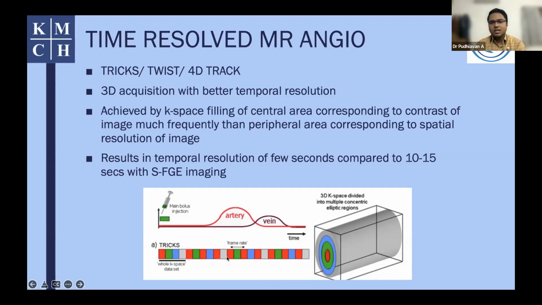Because of this, the temporal resolution of the image increases manyfold, and you can have a temporal resolution of a few seconds because you have contrast data at more frequent intervals compared to the spatial resolution data. So in a time resolved MR angiography, you are able to obtain a temporal resolution of a few seconds compared to around 10 to 15 seconds, which it takes for a routine spoiled fast gradient echo sequence.